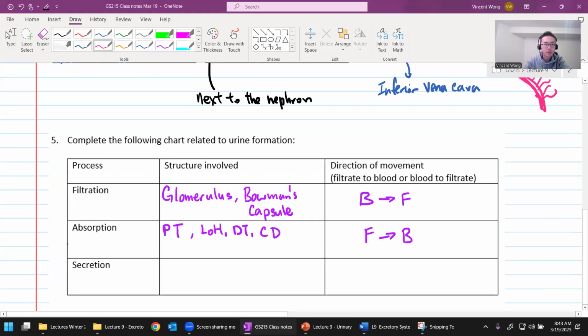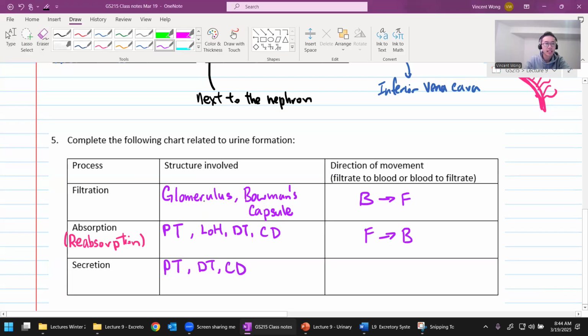Sometimes absorption is same as reabsorption, like you're reclaiming it. Okay, doesn't matter, same meaning, right? But the key thing to know is absorption means going from the filtrate back to the blood. Secretion happens at the PT, DT, and collecting duct.